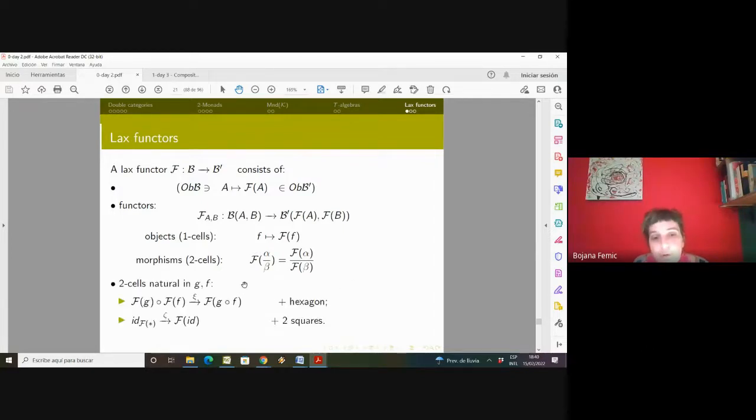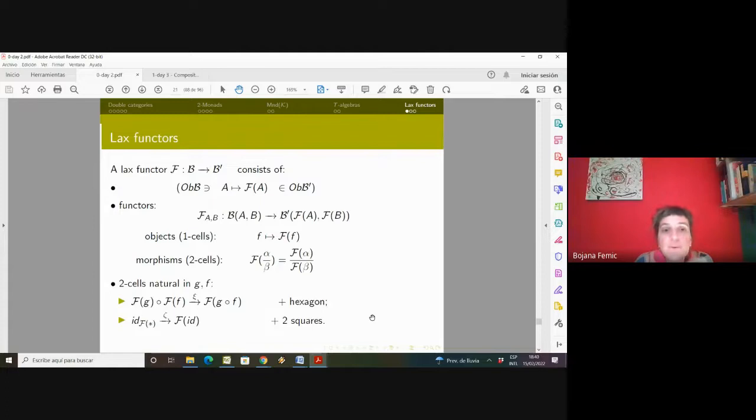And now the difference comes at this place: there are two natural cells, which I don't require anymore to be isomorphisms. They just go in one direction. There's this psi and this theta. So this is the compatibility of F with the composition of one cells and with the identity one cell. And they also need to satisfy this hexagon and two squares.